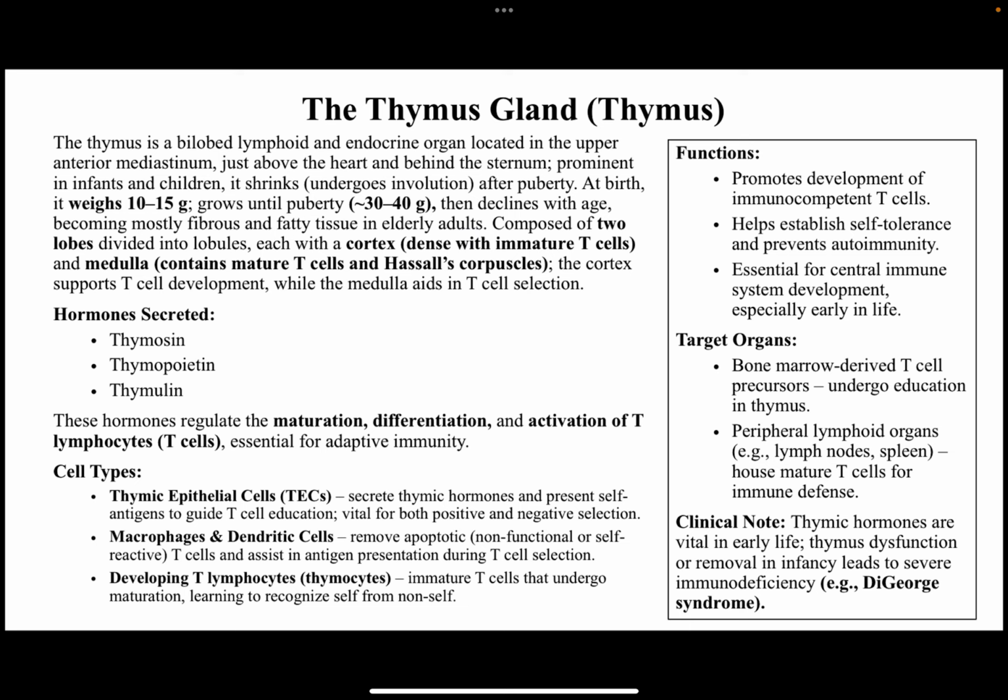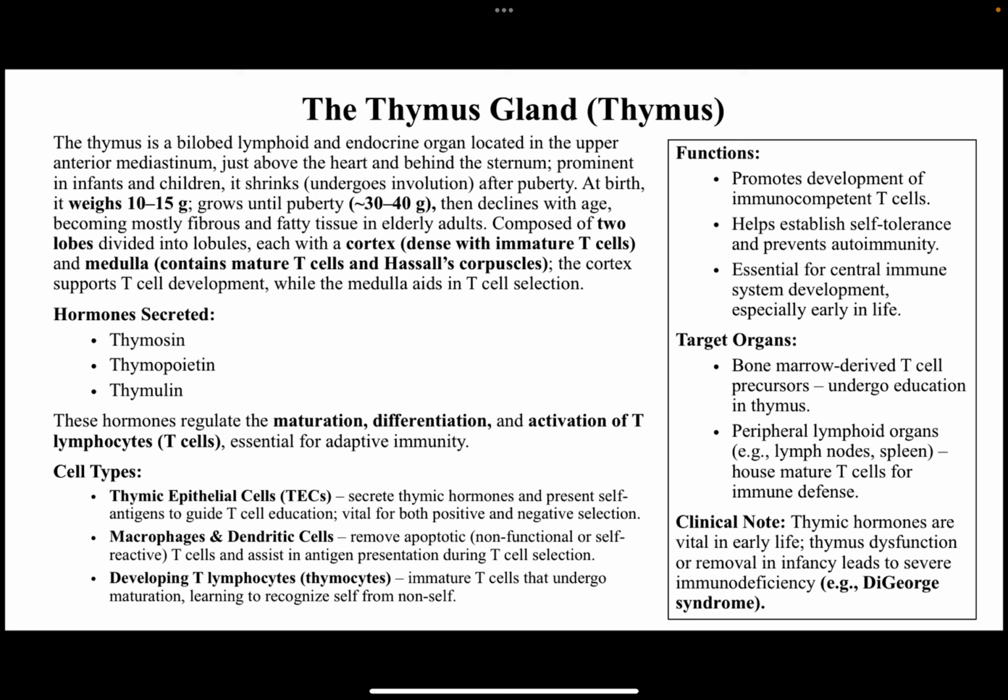Okay, now the clinical significance, or the reason why it's important for you to be knowledgeable about the thymus gland, is that, for example, in conditions like thymoma, where there is a tumor of the thymus gland, usually such conditions are going to be associated with autoimmune diseases.